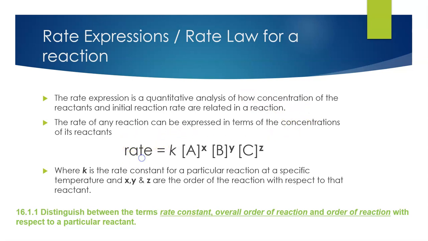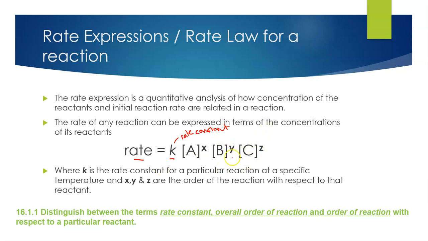So the rate, remembering that this will be in units of concentration per unit time, is equal to a constant k, which we will define as the rate constant, multiplied by the concentration of reactant A raised to a certain power x, B raised to the power of y, and C to the power of z.